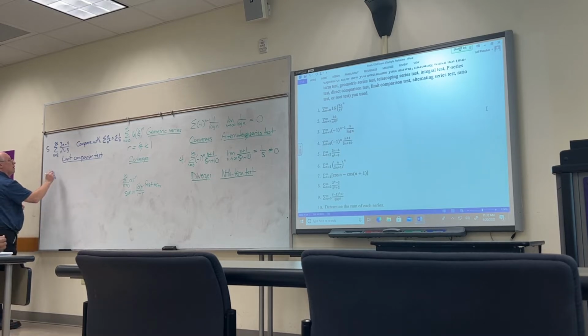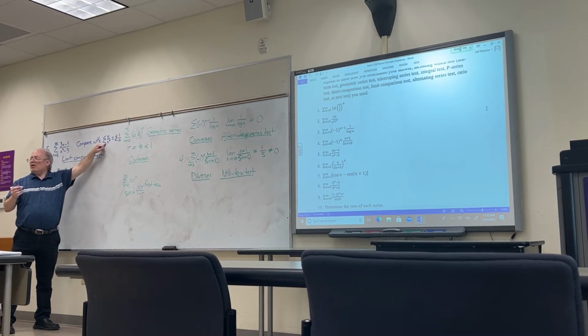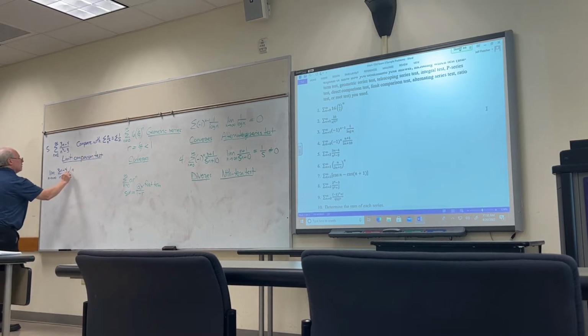The limit of 3n minus 4 over n squared minus 3, divided by the series you're comparing it with. There are no derivatives or antiderivatives involved in this comparison test. You just divide by the series you're comparing it with, which is probably easiest as n over n squared, to cancel out.